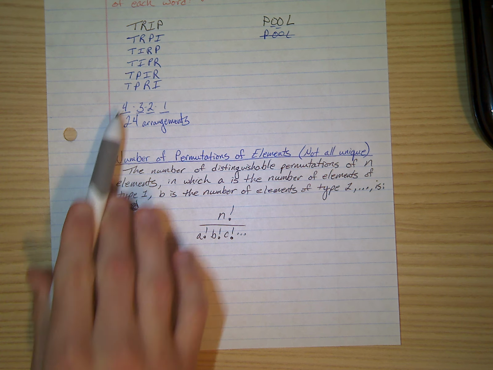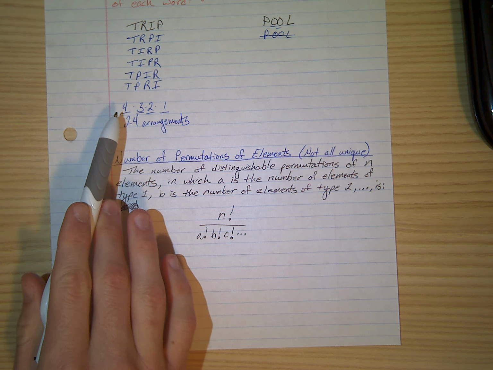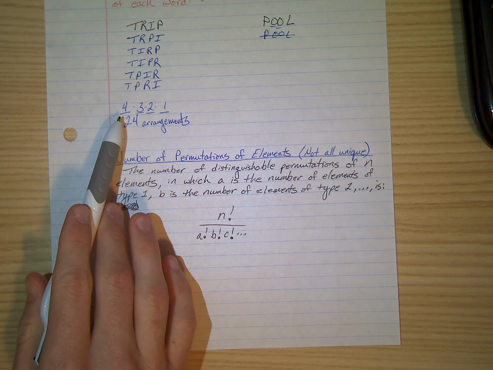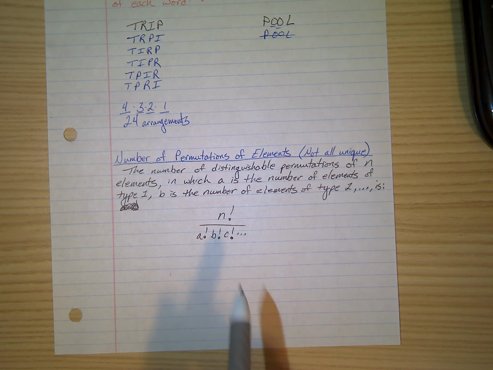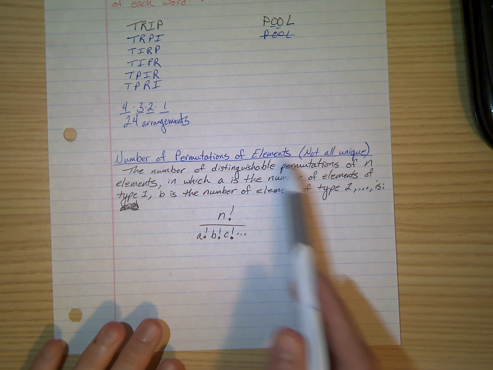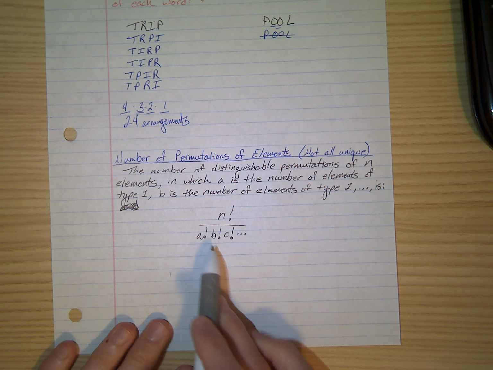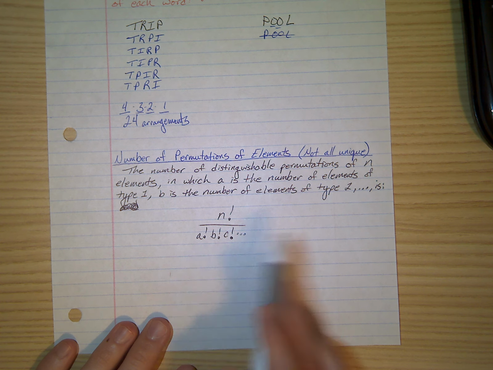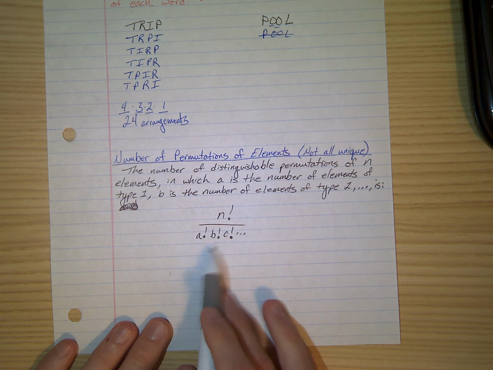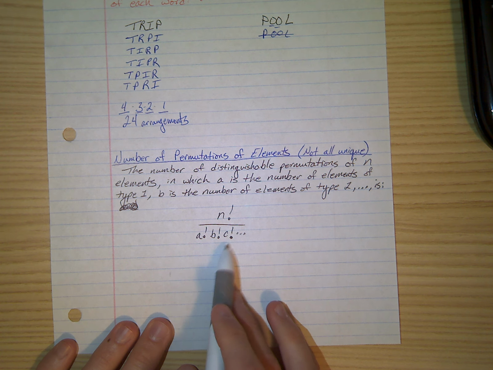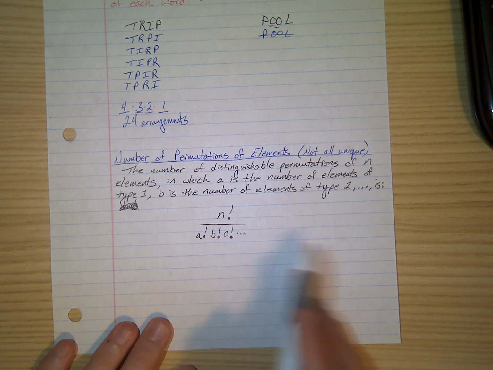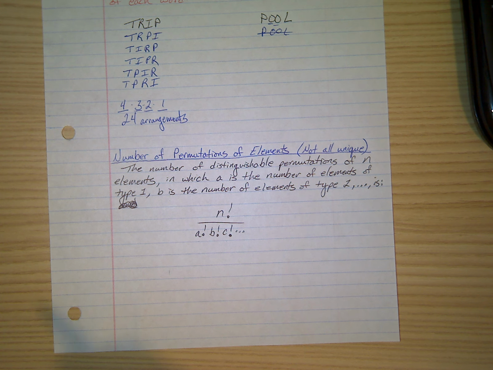Again, the word TRIP is 4 distinguishable elements, so it's 4 factorial, 4 times 3 times 2 times 1. But if we have repeated elements, where they're not all unique, we have to divide by the number of elements of type 1 factorial, the number of elements of type 2 factorial, type 3 factorial, and on and on, no matter how many elements there could be.